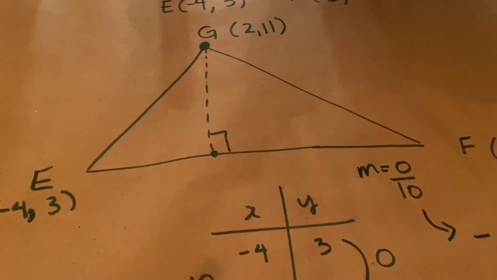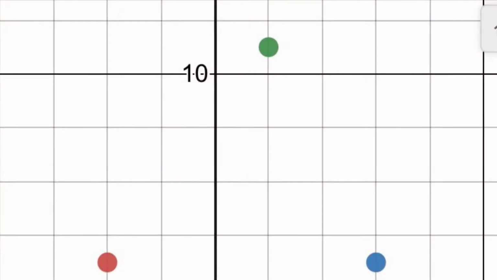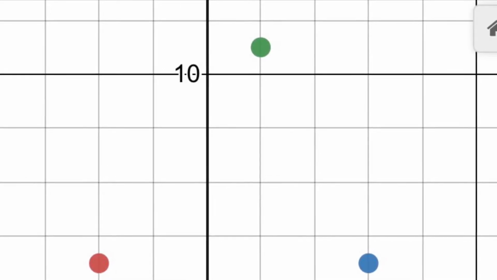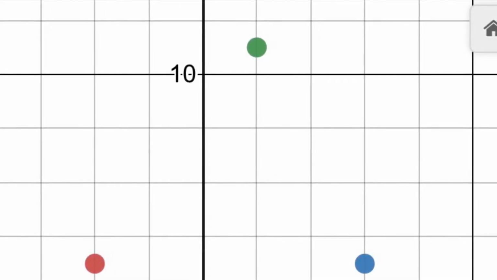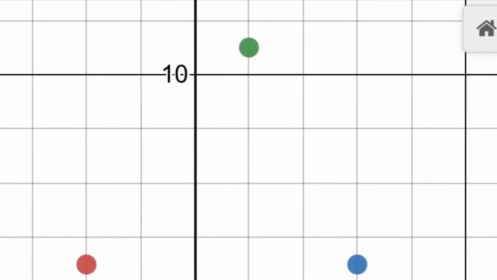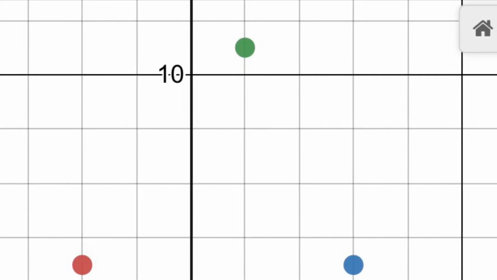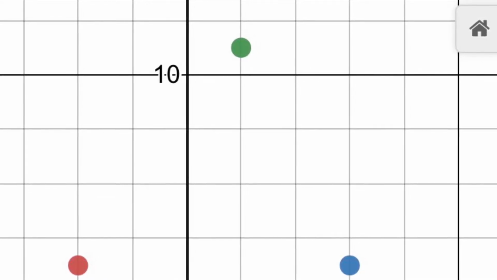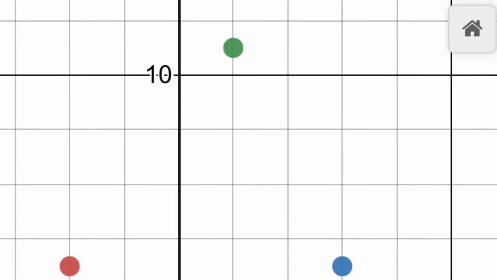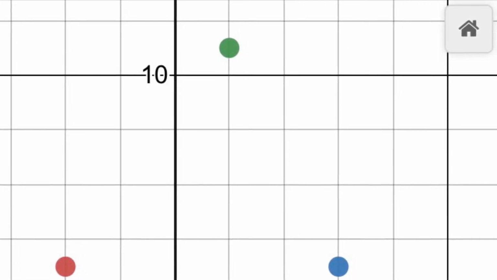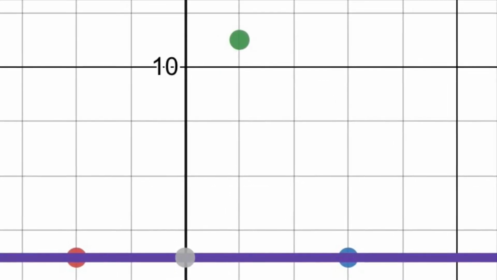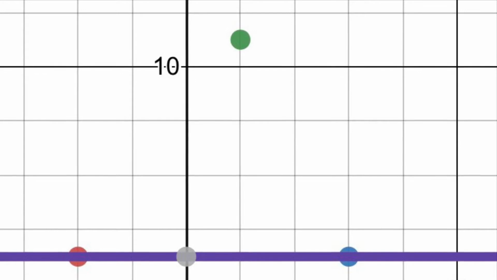So let's look at this in Desmos to show you what I mean. I'm now showing you in Desmos. I plotted the 3 points for a triangle EFQ, and you can see that this is a special triangle because those 2 points along the base are perfectly horizontal. They're in a horizontal line. They're both at y value equals 3. So that makes this a special triangle. The next thing we can see is that the equation of the base is just that line that goes through y equals 3.